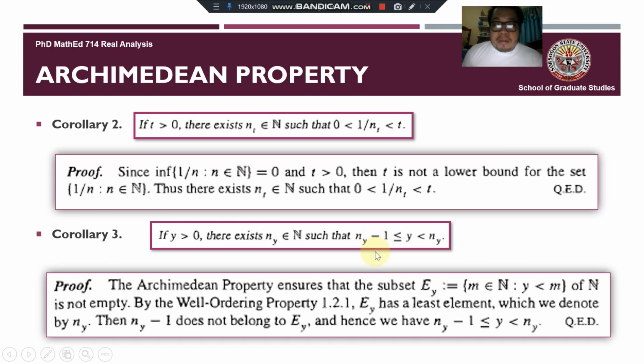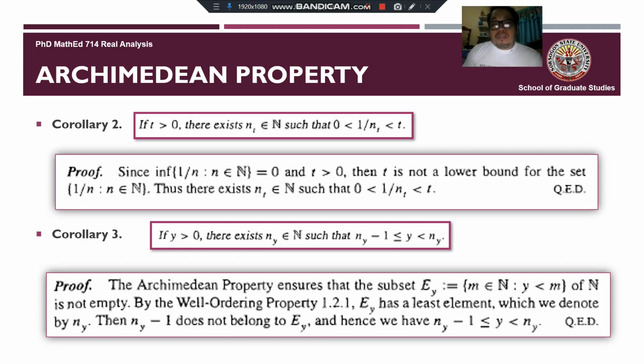The third corollary states that if y is greater than 0, there exists n sub y, an element of the set of natural numbers, such that n sub y minus 1 is less than or equal to y, and y is less than n sub y.